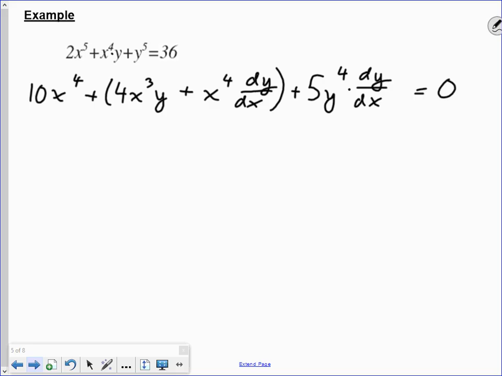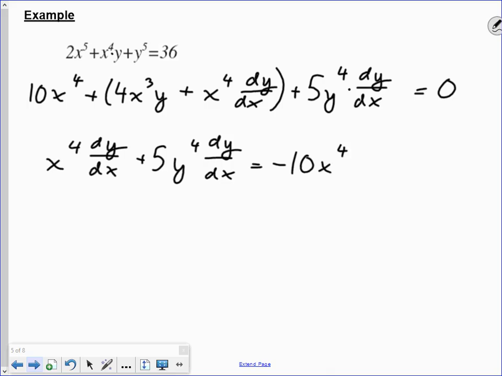Okay, now those brackets really aren't doing anything, but we want to get all of the terms that have dy dx on one side. So let's just pull everything else over to the right-hand side. So I'm going to keep x to the power of 4 dy dx plus 5y to the power of 4 dy dx on this side, negative 10x to the power of 4 minus 4x cubed y onto the right-hand side.